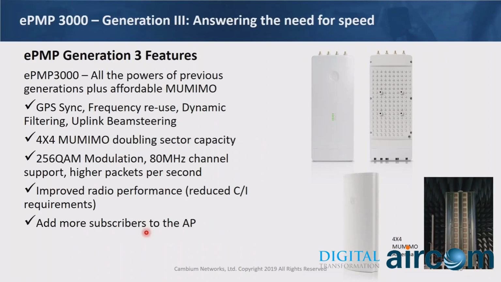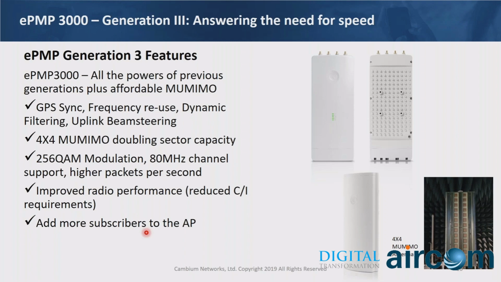Okay, so I put this slide in order just to capture in summary all the features of the ePMP 3000. Like we've mentioned before, it's a multi-user MIMO system. We have retained our GPS sync, which allows you to reuse your frequency. As you know, the 5 gigahertz spectrum is very congested, and especially if anybody attending today has bought a license from NCC on the 5 gigahertz spectrum, they assign slices of bandwidth of 30 megahertz and 25 megahertz for nationwide deployment.